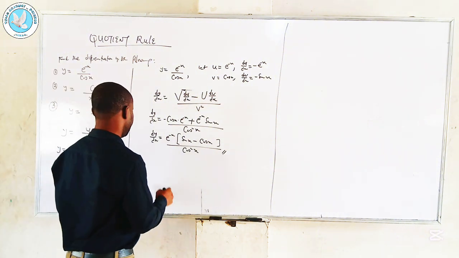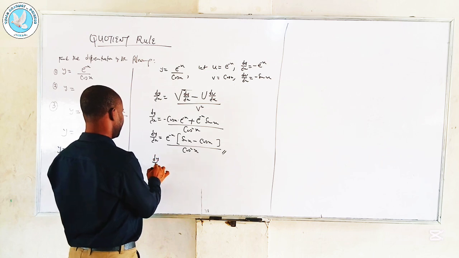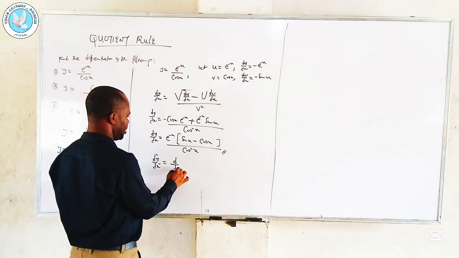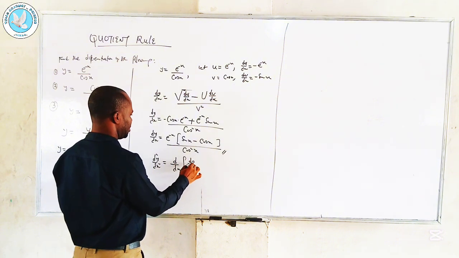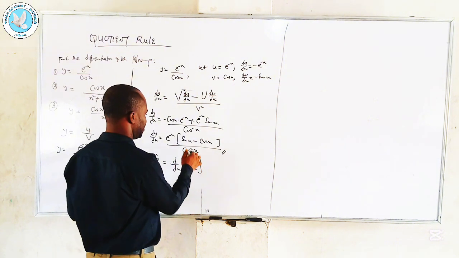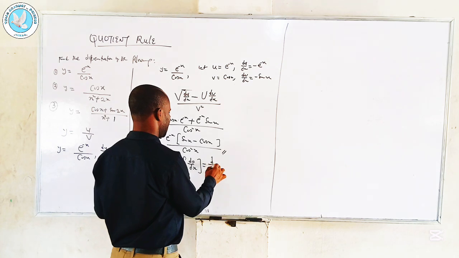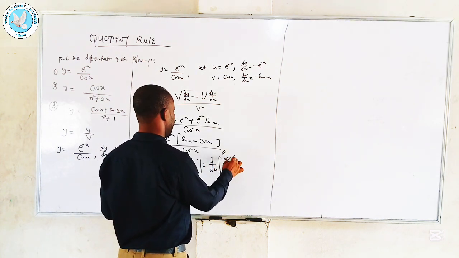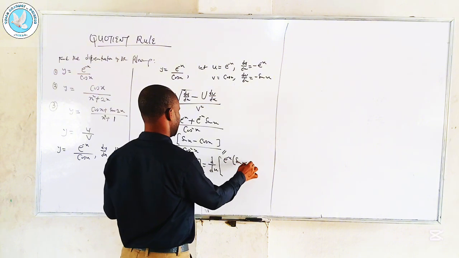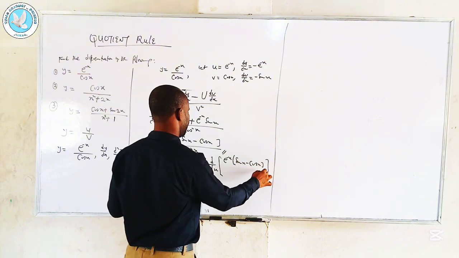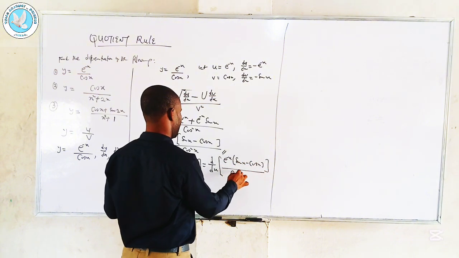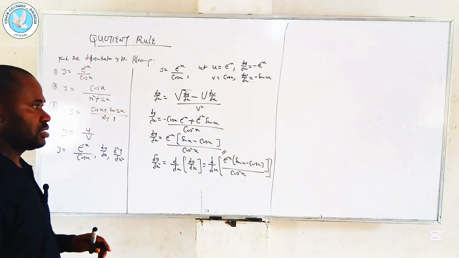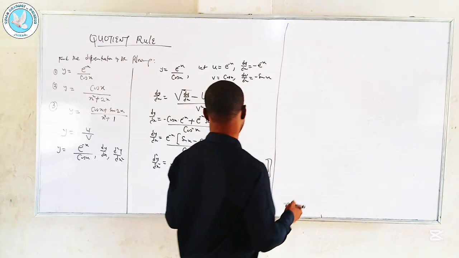So the next one is the second derivative, and this is equal to d/dx of dy/dx. The dy/dx has been given, so we are actually looking for the derivative again of this. So we have this divided by cos squared x. At this point we want to extend this and do it this way.